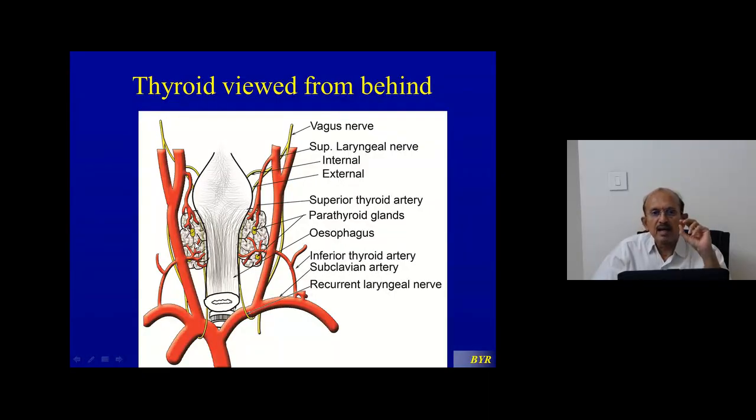The thyroid gland has two layers of fascia, the outer layer of pretracheal fascia and the inner layer of pretracheal fascia.